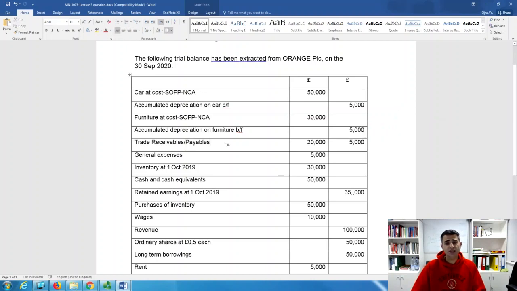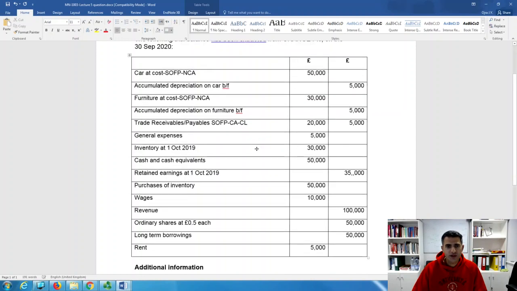So remember that trade receivables are current assets. Both of them are in the statement of financial position, but trade receivables are current assets, and trade payables are current liabilities. So trade receivables you record under current assets, and of course trade payables should be recorded under current liabilities.